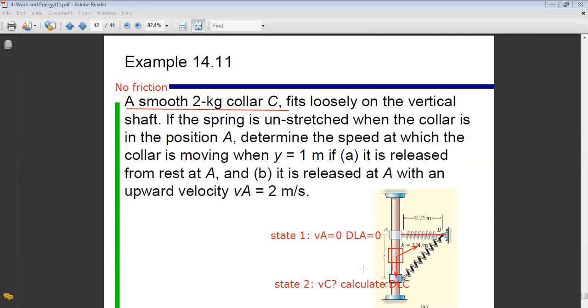So in this case the normal reaction from the rod on the collar will be towards the left, from this internal side here. So the normal will push the collar in the opposite direction like this. This is the normal reaction.